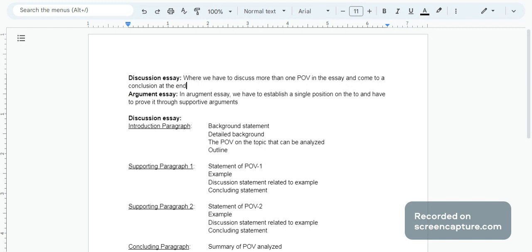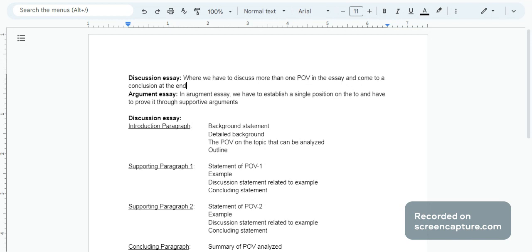It simply means that if the topic is given to us in the form of a question, and they ask you, do you agree or disagree? This is a discussion essay, because you want to cover both points of view.